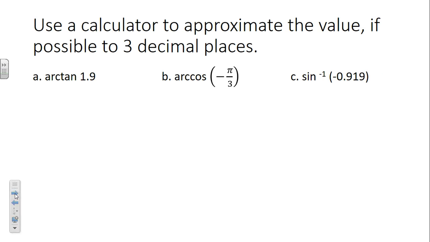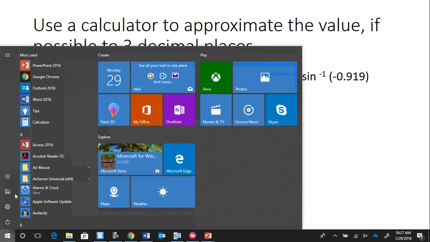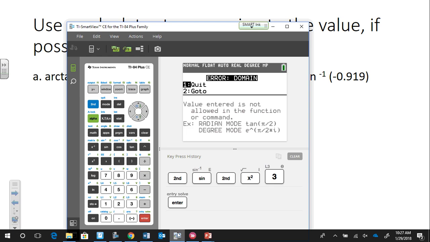Now we have to use our calculator. We want to figure out what angle has a tangent, opposite over adjacent, of 1.9. Which angle has a tangent of 1.9? Just break out your calculator. Graphing or scientific doesn't matter. Okay, angle whose tangent is 1.9.